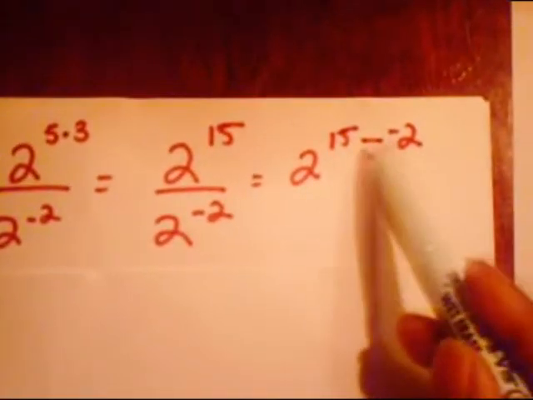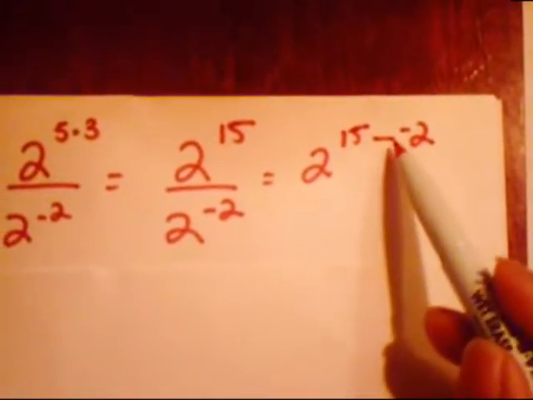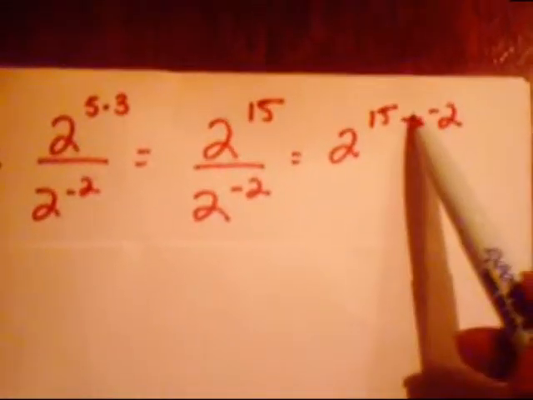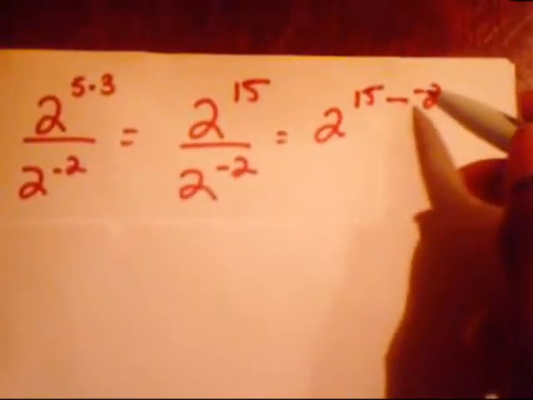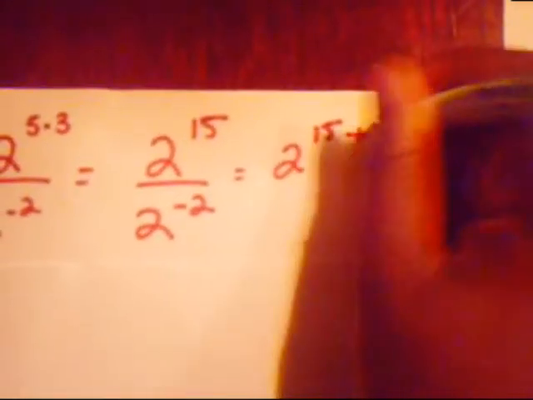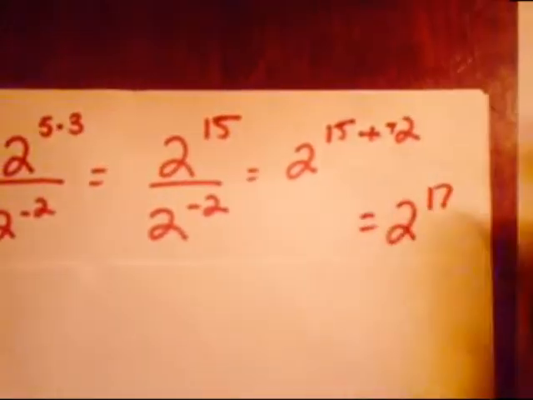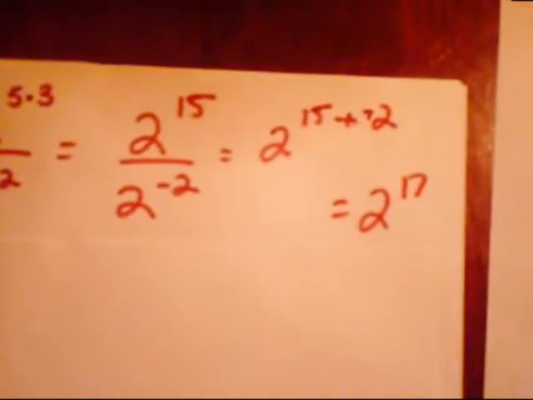Notice, guys, I put both of my signs because I have to subtract the exponents. I'm subtracting, and that 2 is negative. So again, here's your double negative rule that we change into 2 positives, and 15 plus 2 will be 2 to the 17th power. Guys, please be careful with your signs, okay?